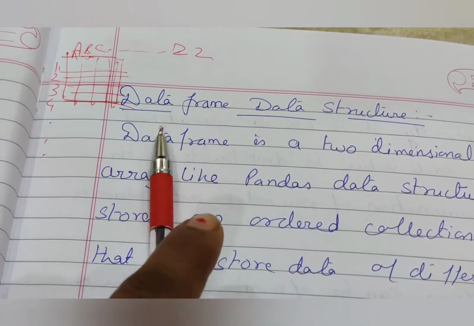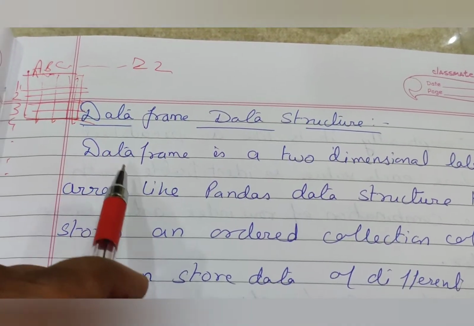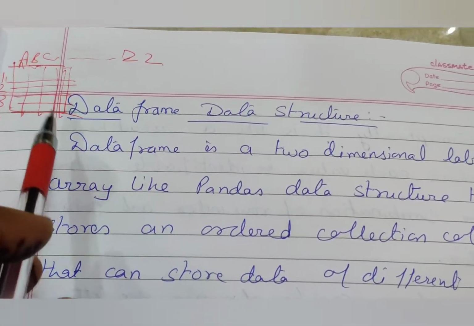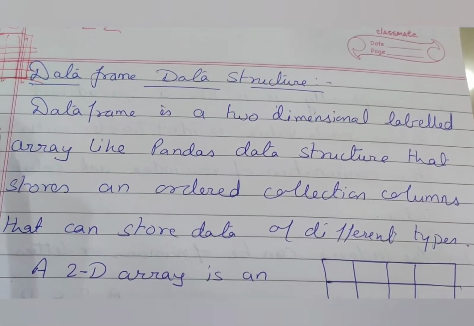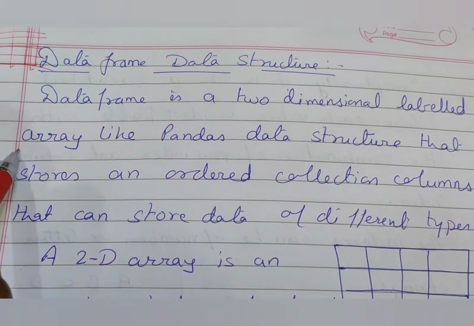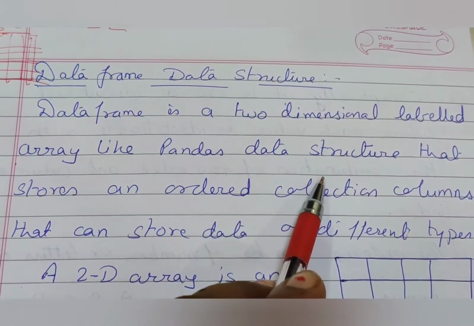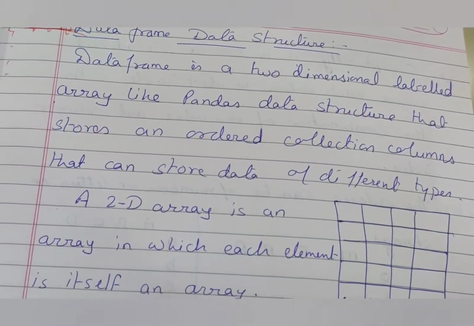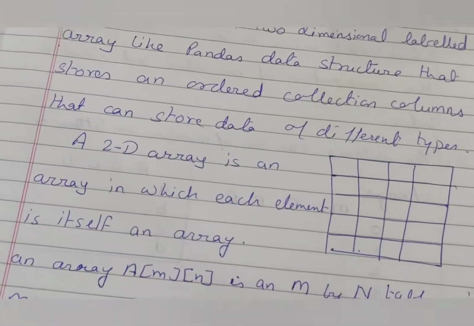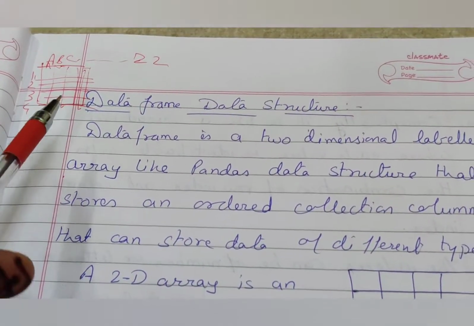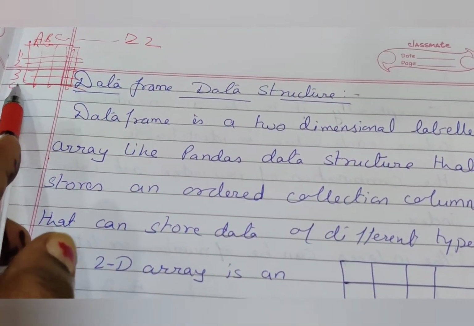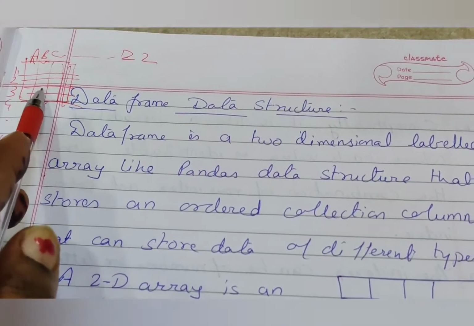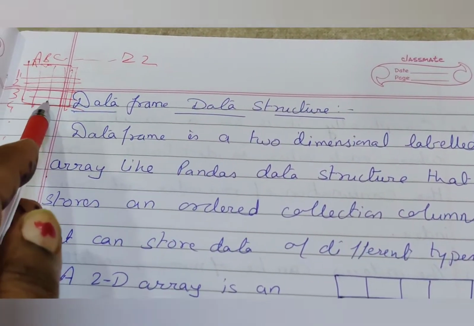In the same way, in simple language, we can say that a data frame is a two-dimensional labeled array-like pandas data structure that stores an ordered collection of columns that can store data of different types. It is just like a structure in which you can store any type of data.